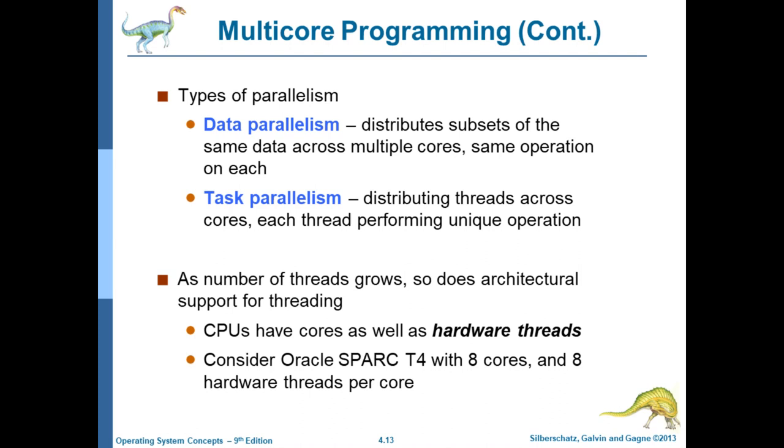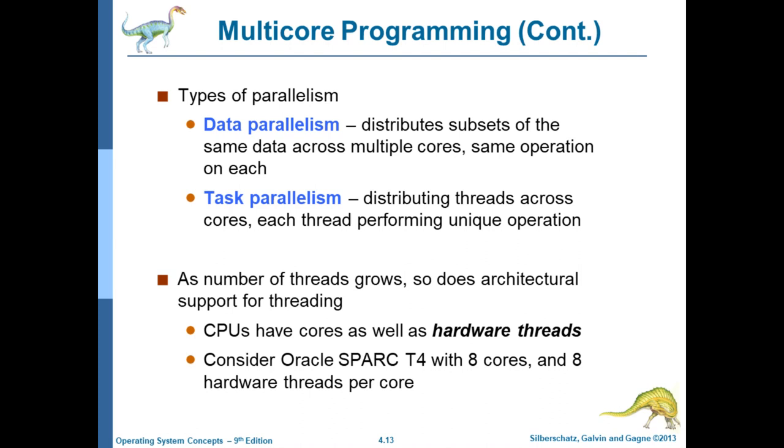For example, the Oracle SPARC T4 processor has 8 cores, and each core can run 8 hardware threads simultaneously. This means that the processor can run 64 threads at the same time, which increases the throughput and utilization of the CPU.